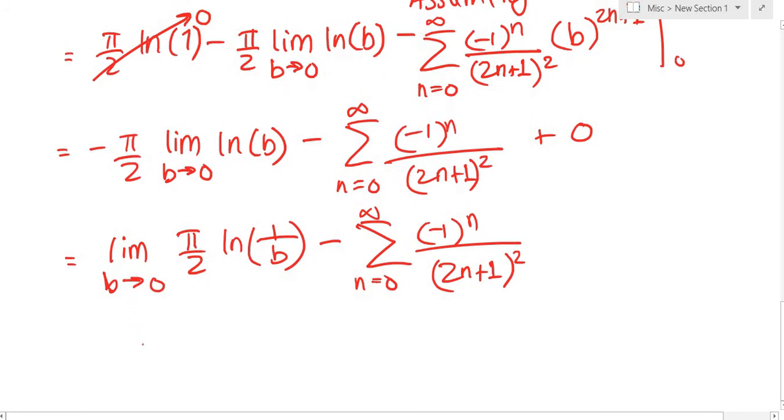Now why don't we perform a little change of variable here? Let's say u equals 1 over b. So as b approaches 0, u approaches infinity.